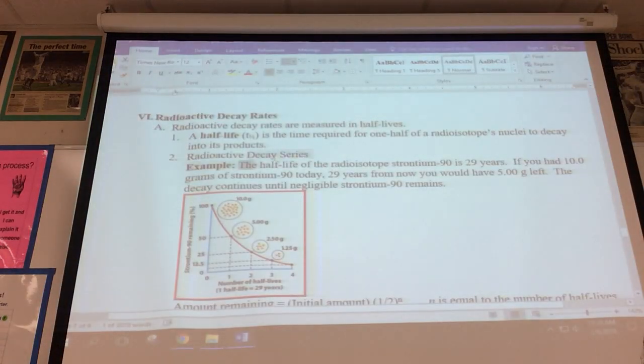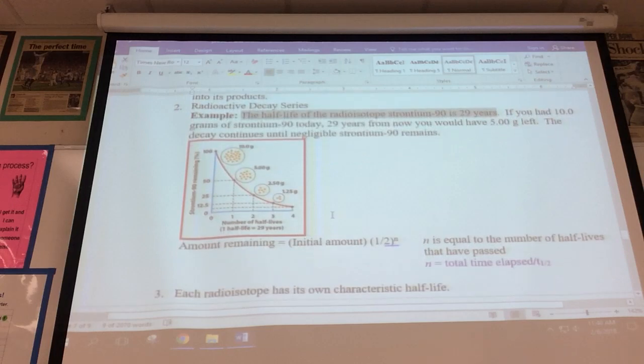It says the half-life of the radioisotope strontium-90 is 29 years. If you had 10 grams of strontium-90 today, 29 years from now, you would have 5 grams left, and the decay continues until negligible or barely any strontium-90 remains. That is shown graphically here.